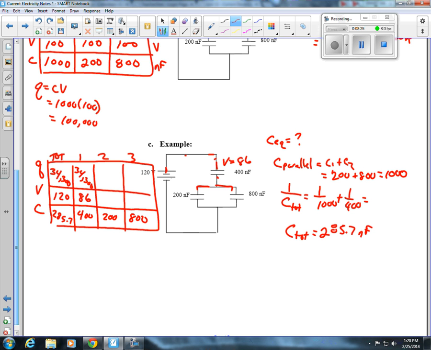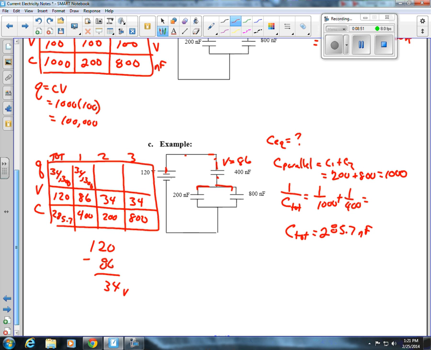And then if I just do the left-hand loop, I would only go through the 200, so I would do 120 minus 86, and that's going to give me 34 volts. So this is 34 volts for that one. Now it's going to be the same for the 800 because two that are in parallel have to have the same. So I'll get 34 there.